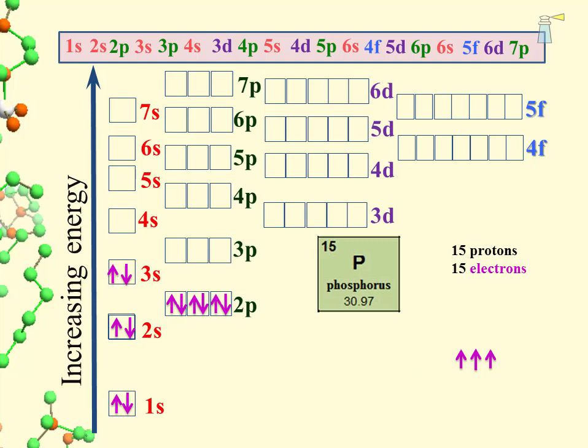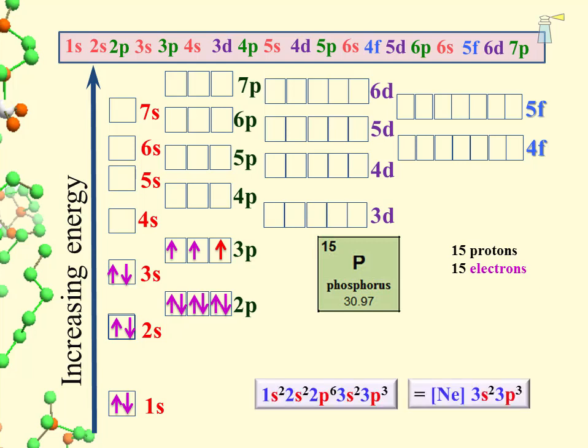Of the remaining 3 electrons, 1 goes into each of the 3p orbitals. No pairing, because the 3p orbitals are all equal energy orbitals. 1s2, 2s2, 2p6, 3s2, 3p3, or brackets neon 3s2, 3p3.